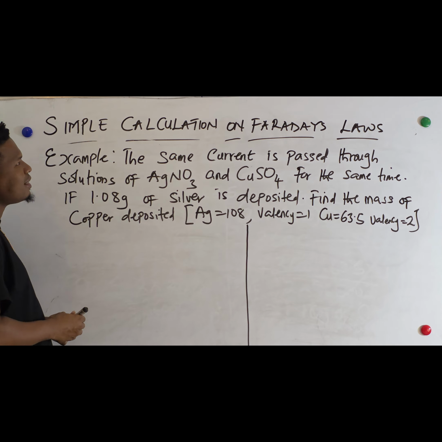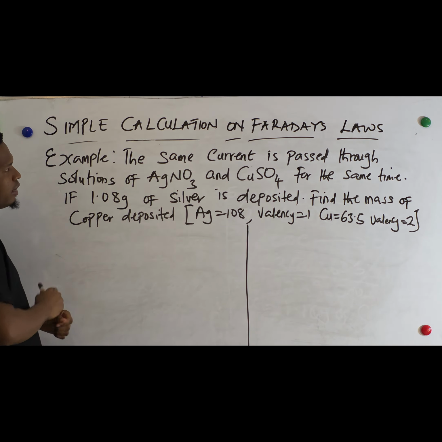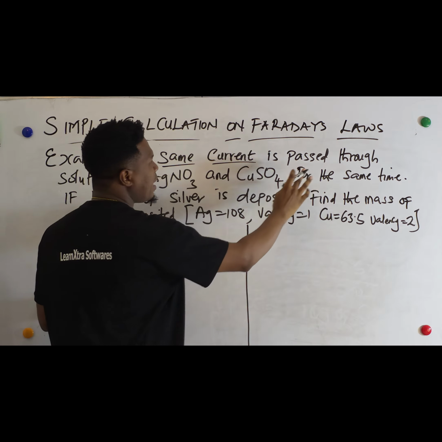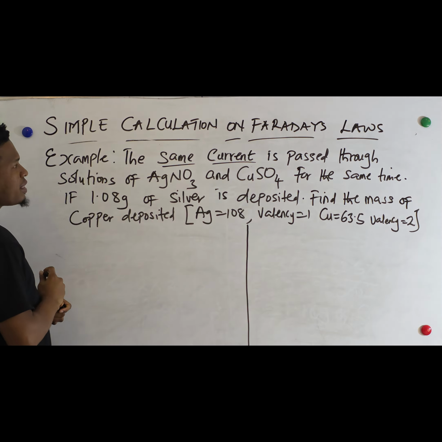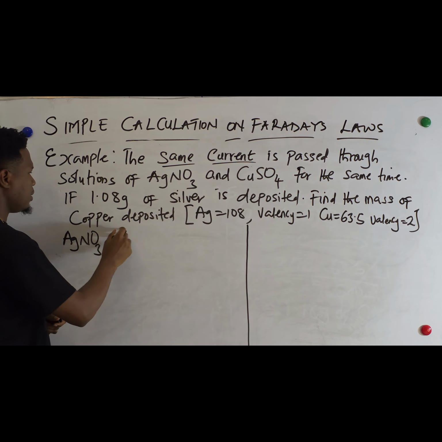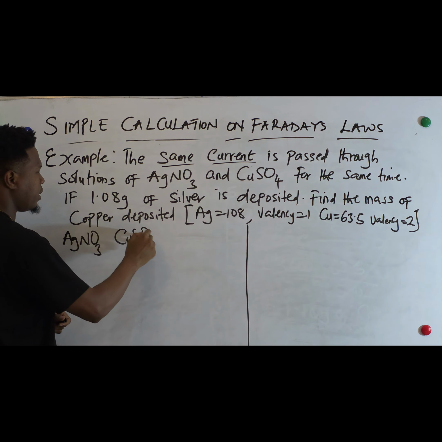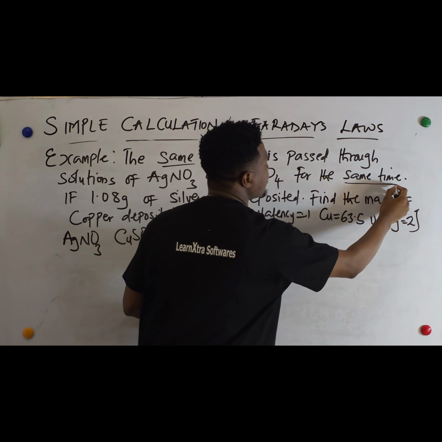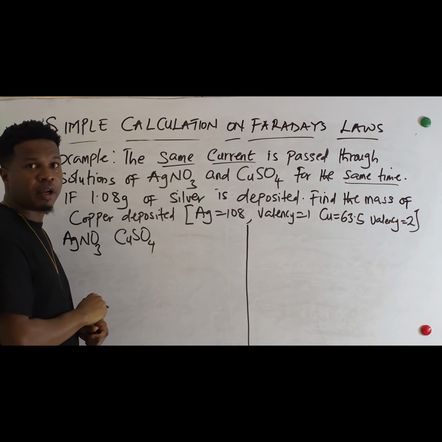Another example on Faraday's laws of electrolysis is on the board here. The same current is passed through a solution of silver nitrate and copper sulfate for the same time, meaning both of them have the same quantity of current passing through them.